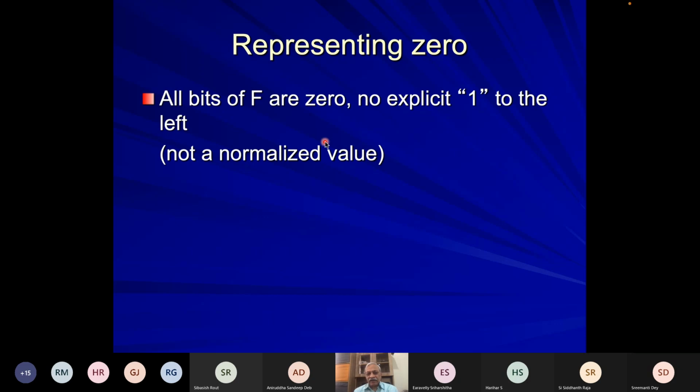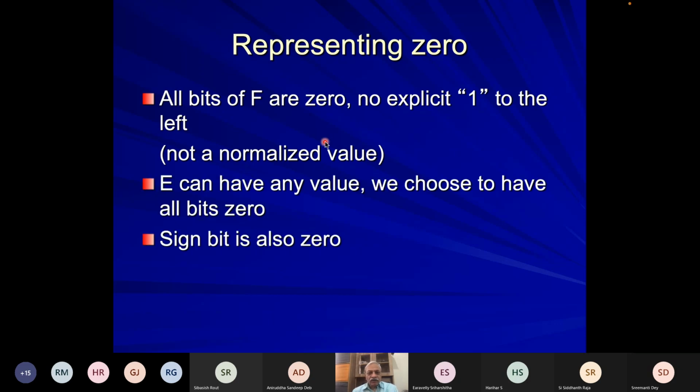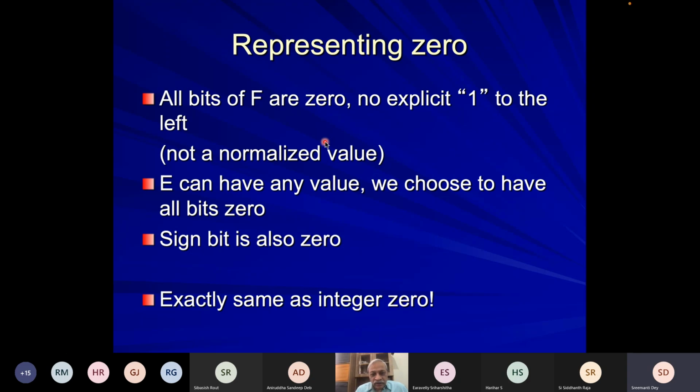But here we are saying that we want to represent F which is 0, and E can have any value. We choose to have all bits 0. The standardizing committee has chosen the representation of 0 where all F bits are 0, all E bits are 0, and the sign bit is 0, which is exactly the same as the integer 0. So integer 0 and floating point 0 have exactly the same representation.